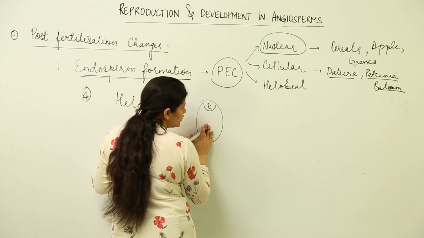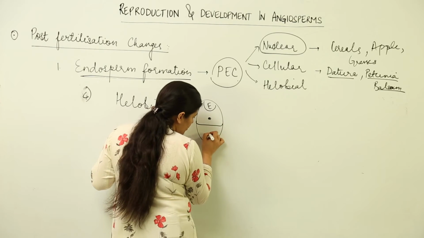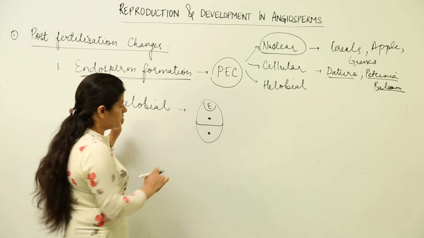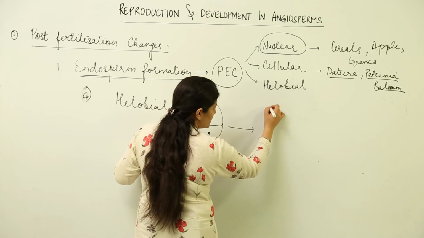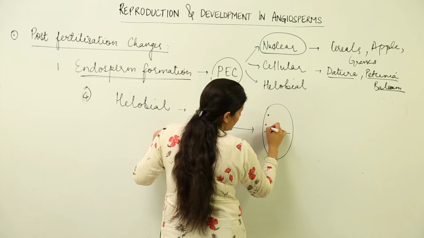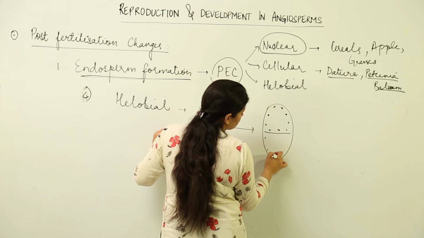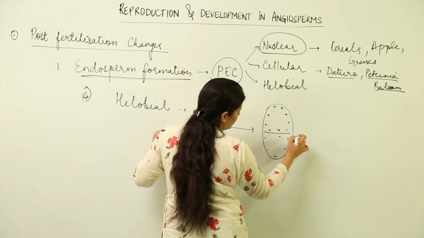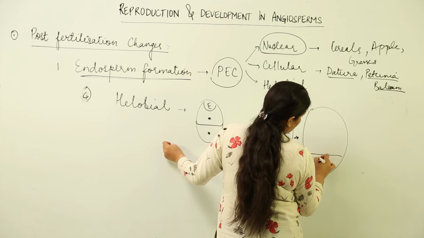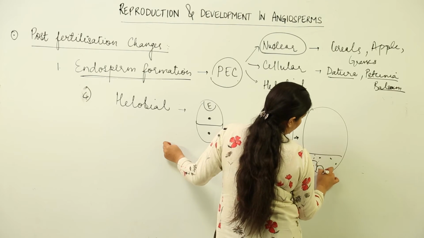The first division would be such that, if we have to trace the development of endosperm, you get 2 cells. One would be chalazal and one would be micropylar. So the endosperm development in both the chalazal and micropylar cell would be similar to as seen in the nuclear development. Later on the vacuole would come in between, and then there could be separation by cell wall. Cell walls could come into the scene, they could get developed.